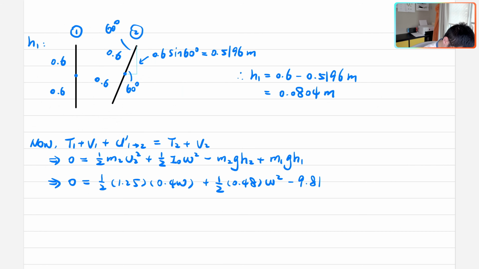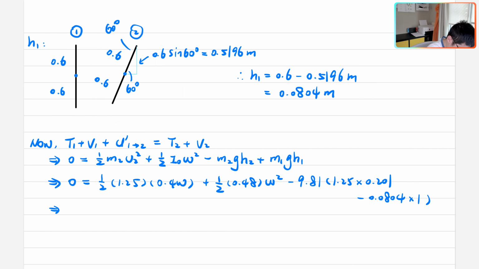I'm doing some simplification here. I took g to the front, 9.81, inside M2, 1.25 times 0.201 for H2, minus 0.0804 times 1, the mass of M1.